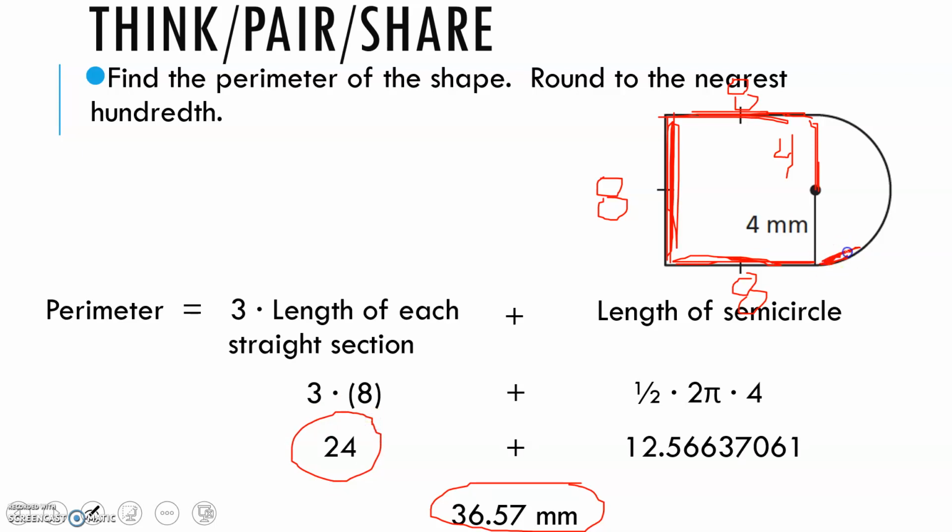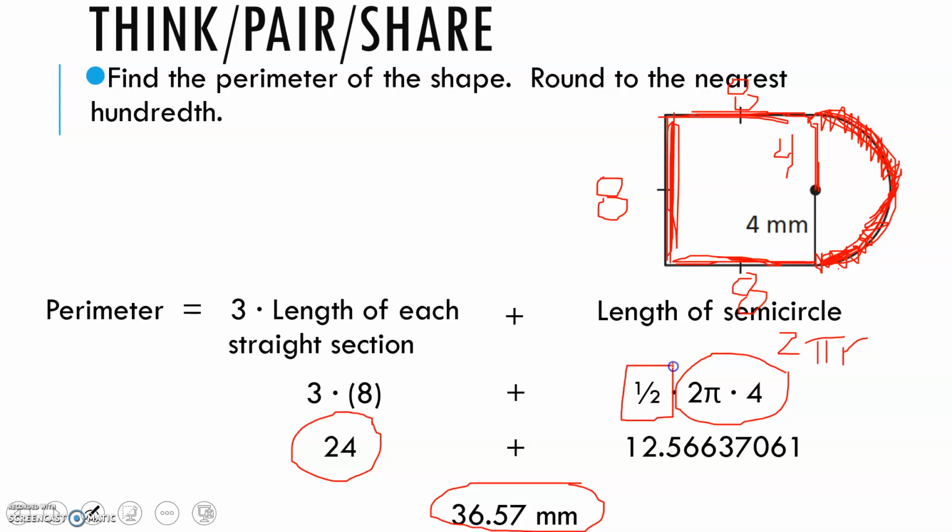Now, you want to get the length of this half or semicircle. What is the distance around that portion there? The circumference, which is basically the perimeter of a circle, is 2 pi r. So that's 2 pi times a radius of 4.